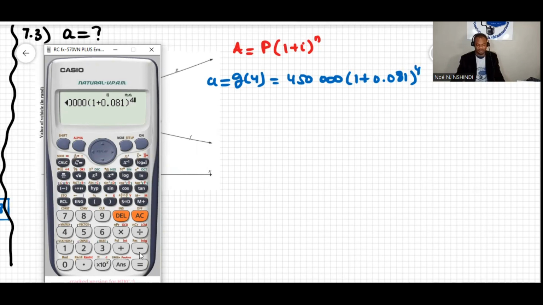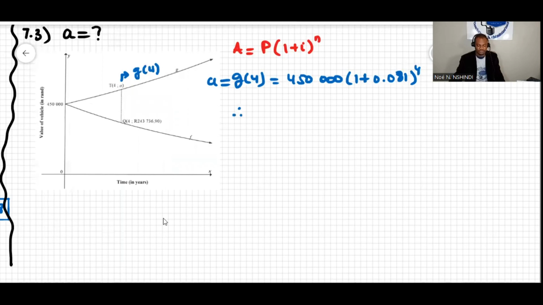Now if we press equal, it gives us 614,490.66. So A equals 614,490.66. That's the value of A.